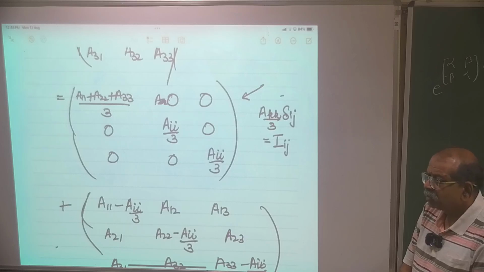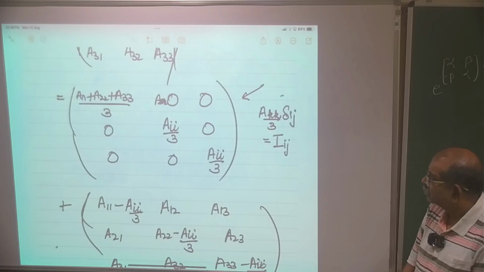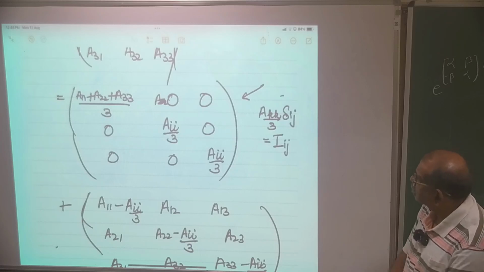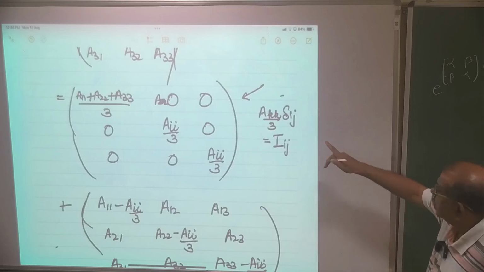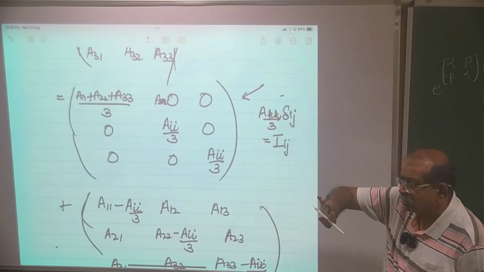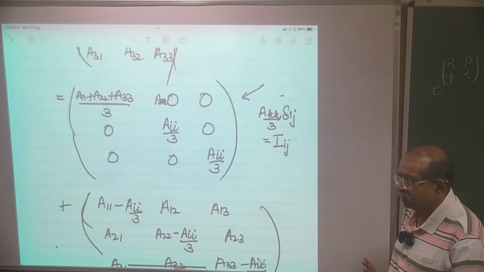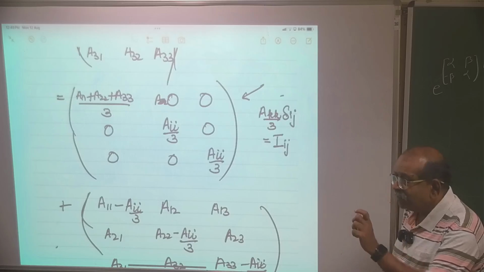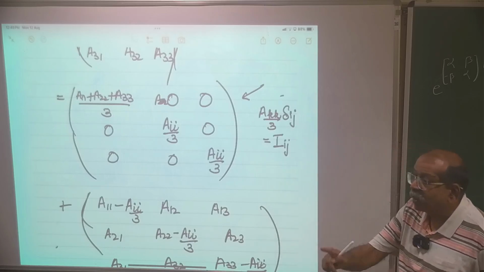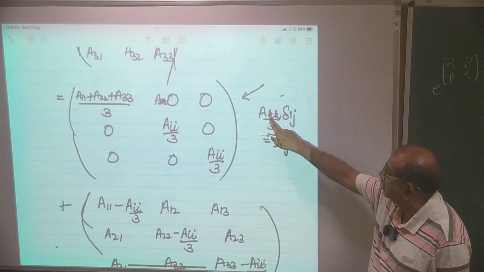So A11 delta ij, that is i equals j, then A11 delta 11. No. Kk means it's a summation. Kk means it's not A11. Kk means you are summing, so it's A11 plus A22 plus A33.